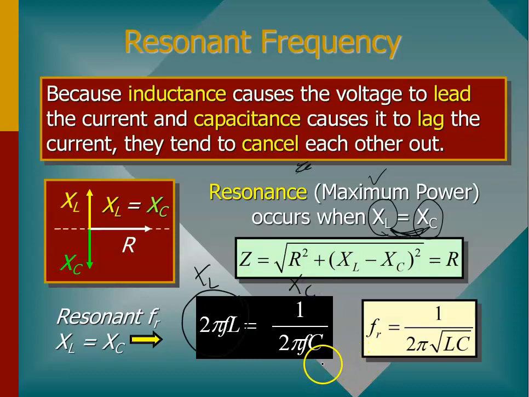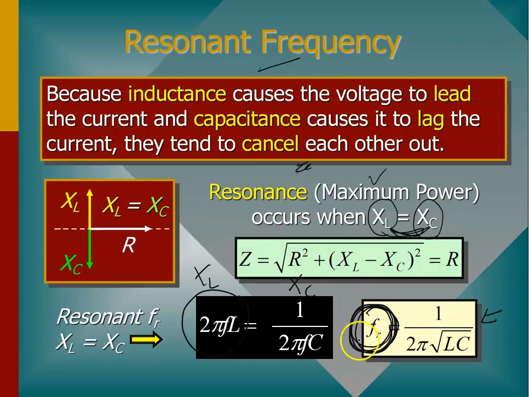By rearranging everything to get this frequency over here singled out on one side, it will become this expression. So what is this frequency? It is what we call the resonant frequency.